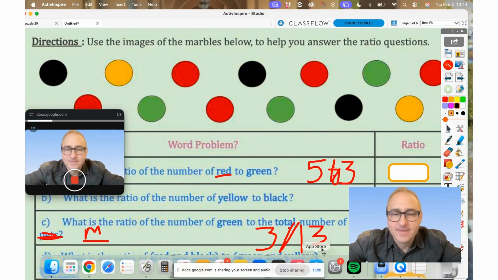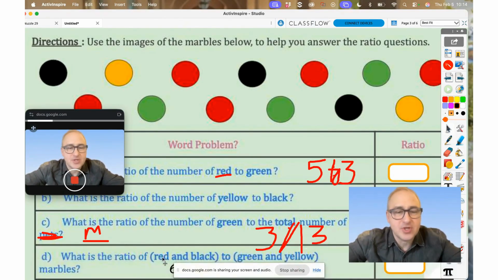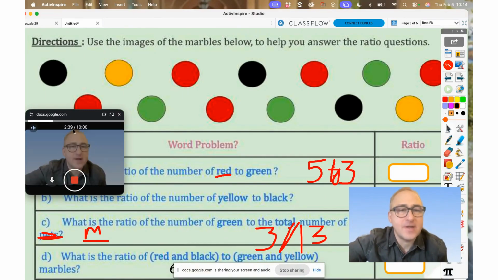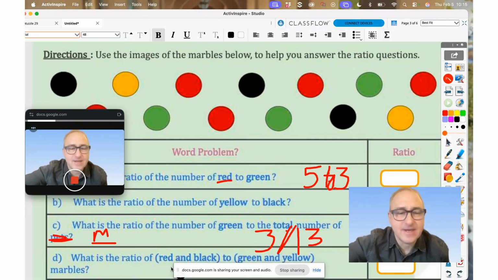Last one. It says, what is the ratio of red and black to green and yellow? So we have to add red and black. Red is 1, 2, 3, 4, 5, plus black, 6, 7, 8. It says 6 here, it needs to be an 8.